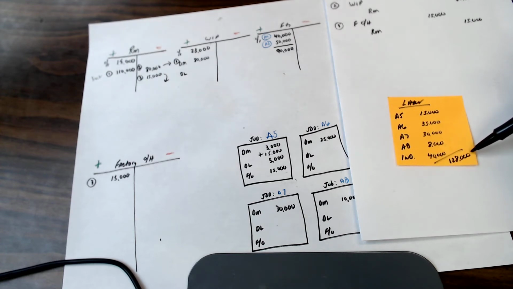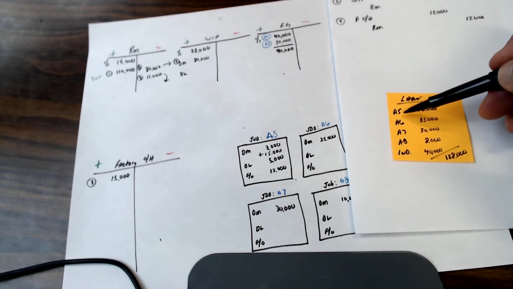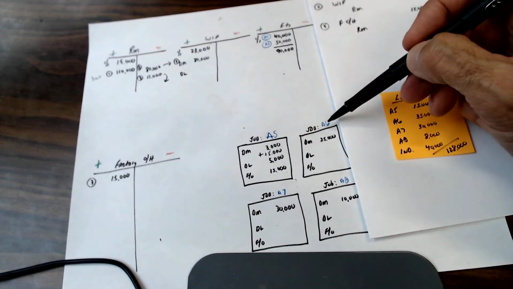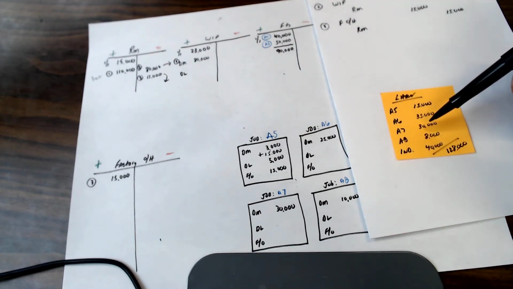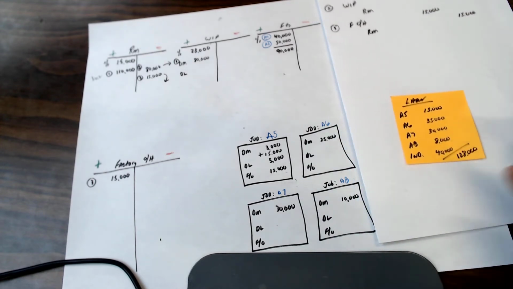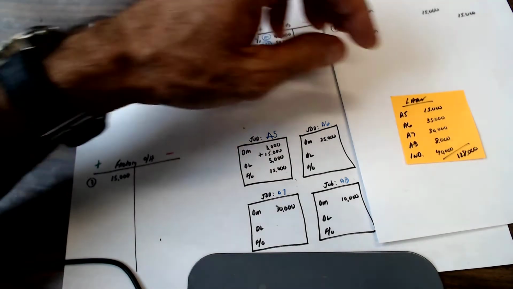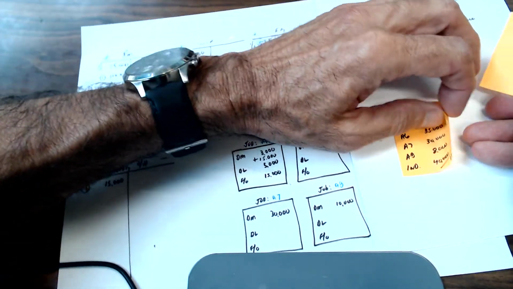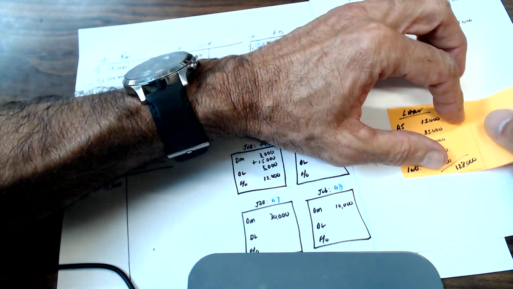And our analysis shows that of that $128,000 total labor, $15,000 of it was spent specifically on job A5, $35,000 on A6, $30,000 on A7, $8,000 on A8, and $40,000 for indirect labor, such as the janitors and the supervisors and security guards and things like that.